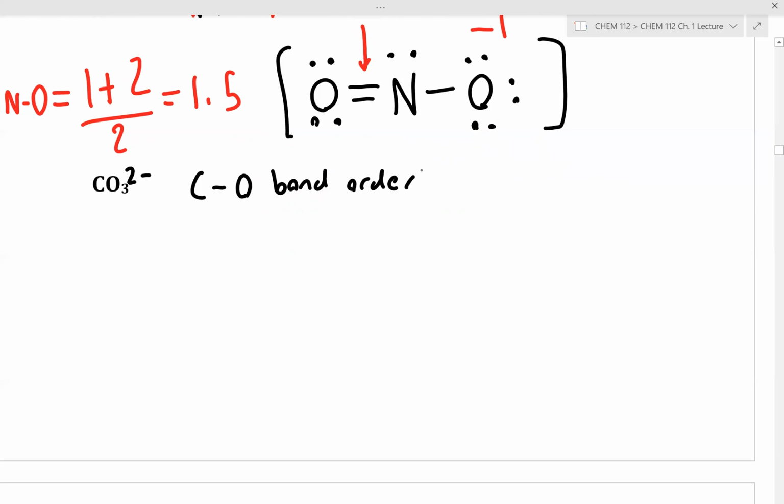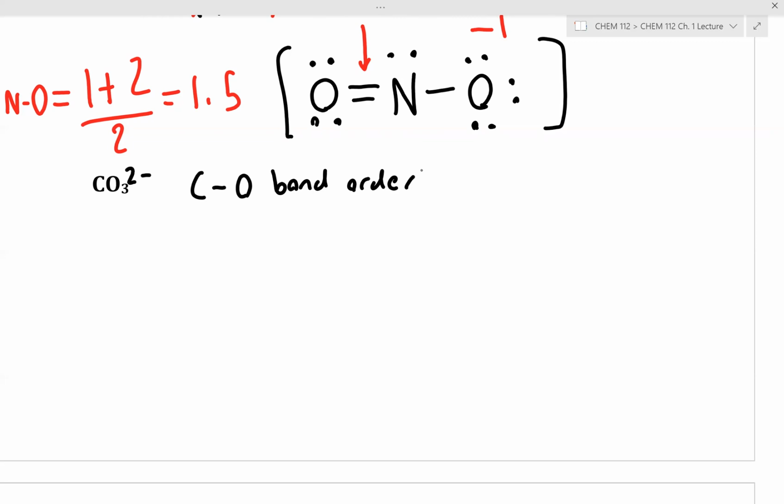Everything going okay? Oh, and it's CO3 2-.